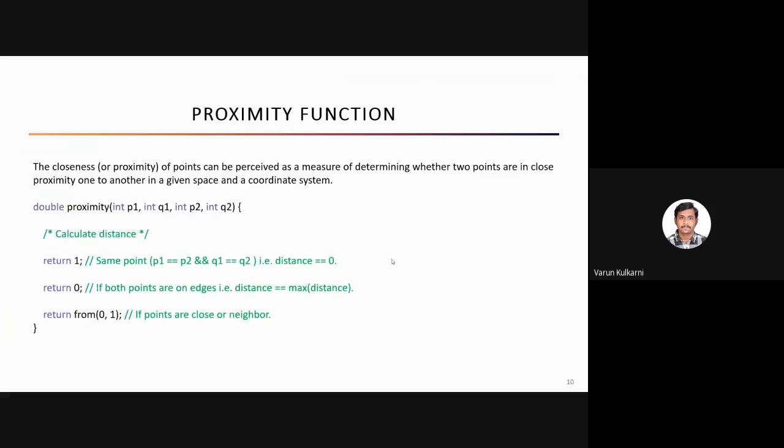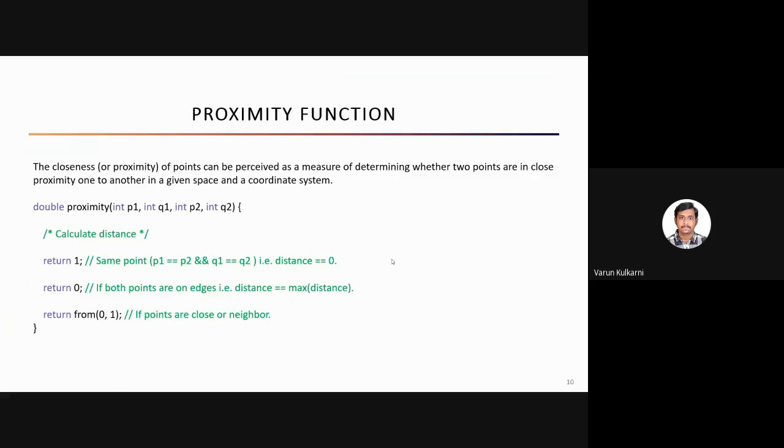This function should return 1 if the points are the same, that is distance is 0. It should return 0 if they are far, that is the distance between them is max, and it should return a value from 0 to 1 if points are closer, which indicates they are neighbors.